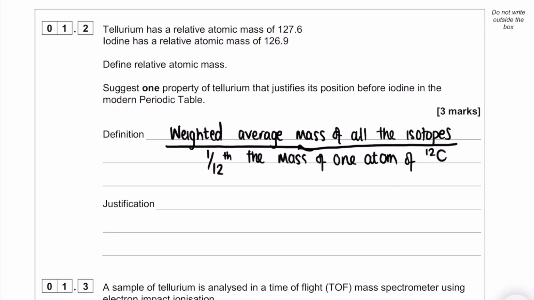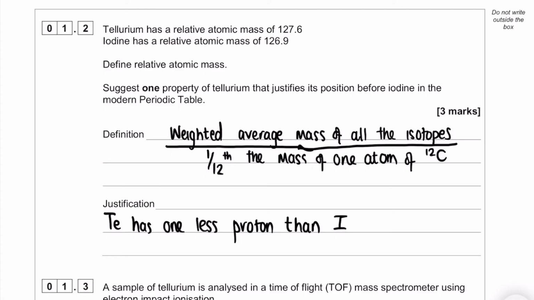So if you were to look at your periodic table, you can see that tellurium, Te, has 52 protons, iodine has 53 protons. So Te has 1 less proton than I. Don't just say it has less. It has 1 less proton than I.